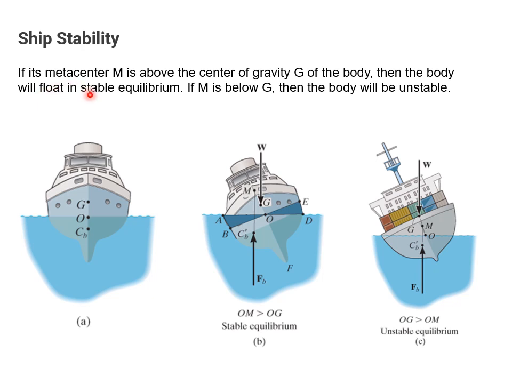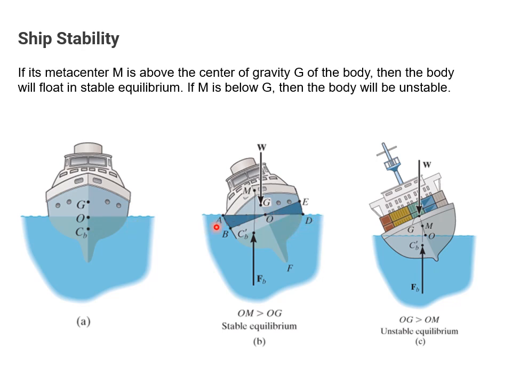So the bottom line is if the metacenter is above the center of gravity, then the object will float in stable equilibrium. And if M is below G, then the body is unstable. So if a ship's just staying straight, with no rocking action from waves, everything lines up fine.